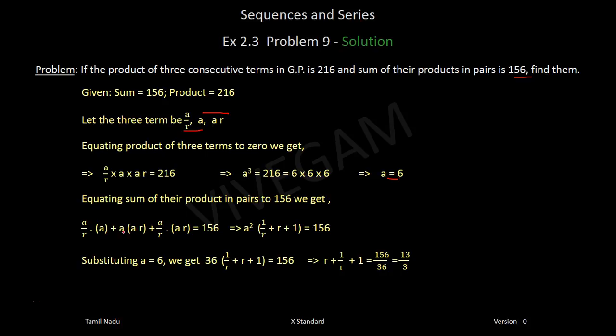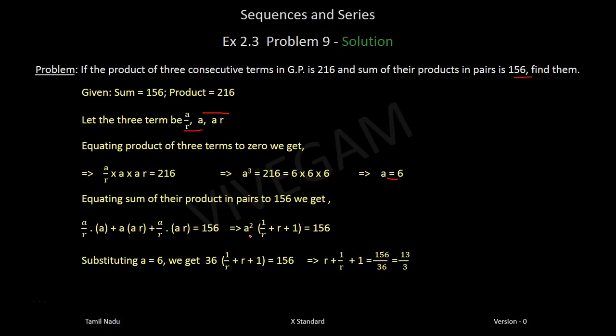You can see a square is common in all three, so you can take a square commonly out. What will be left? 1 by r will be left, and here r will be left, and here only 1. So this is what you are getting.